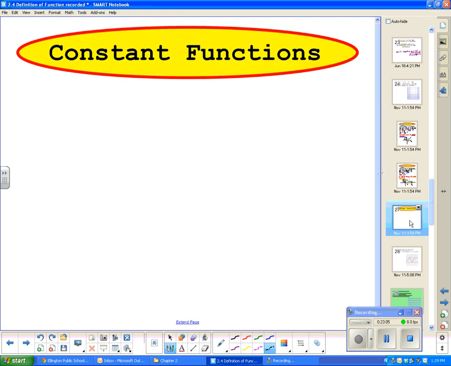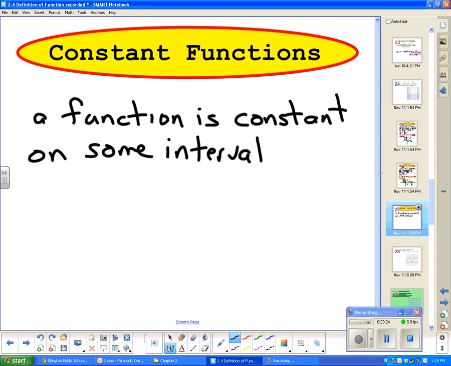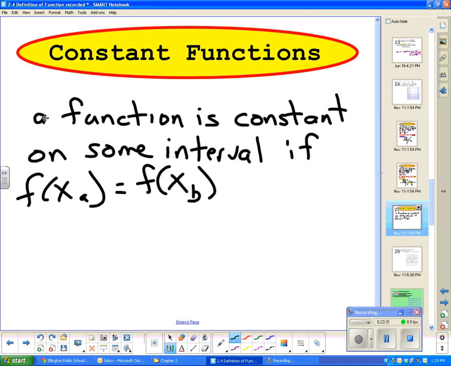The last of these three is a constant function. And you may be able to figure out what that means now. But it says a function is constant on some interval if f of x sub a is equal to f of x sub b for every x sub a and x sub b in the interval.